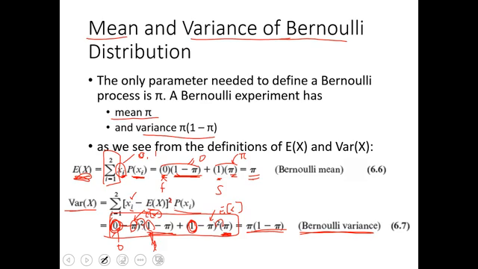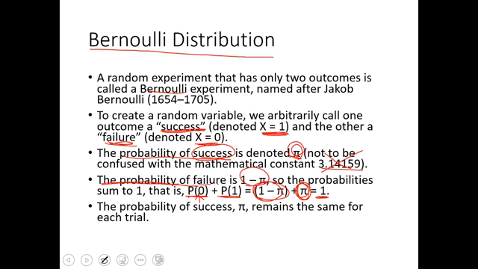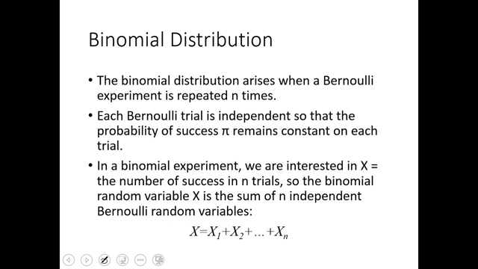Okay, so that is the second distribution we will study. And the third is the binomial distribution. It is a very important distribution, so I hope you can study it. The binomial distribution is made from the Bernoulli distribution.